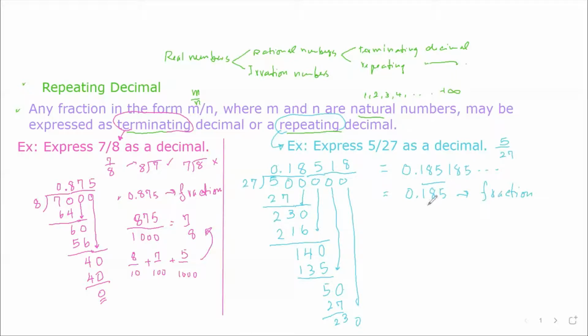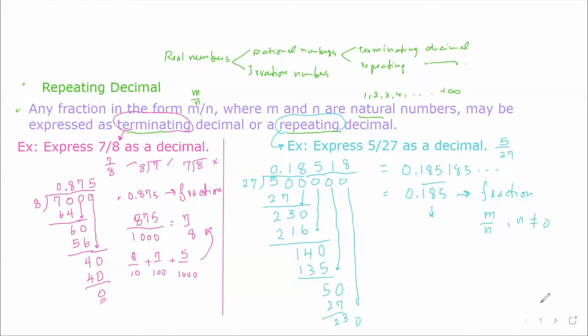Fraction means something like m over n, where the condition is that n shouldn't be 0. If n becomes 0, then we couldn't divide it. So now we're going to convert this repeating decimal 0.185 back to fraction form.